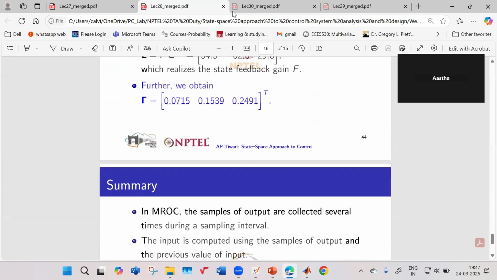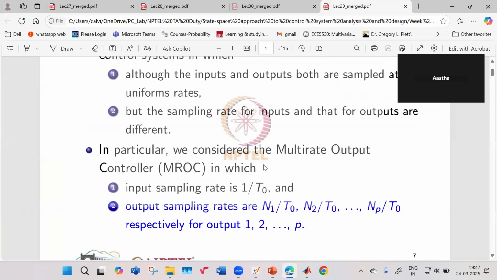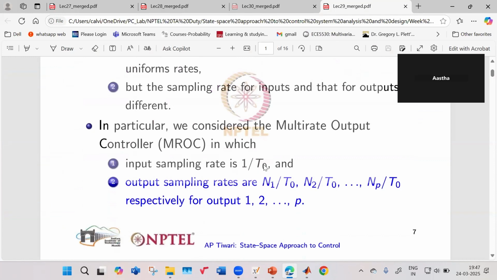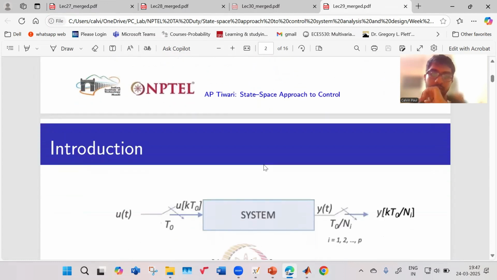This we are seeing, our multi-rate output controller. So we have considered multi-rate output controller, which means what? My input is sampled at 1 rate, 1.0. But the output is sampled at 1.0, 2.0, and then 2.0. Multiple rates are there for output. But output is sampled much faster than that.